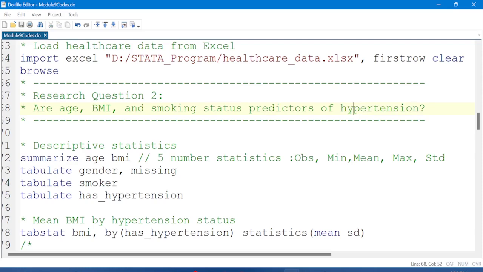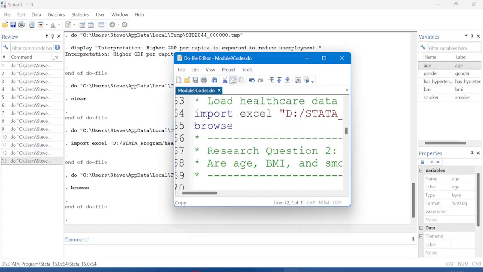Now we can do some descriptive statistics, like summarizing age and BMI, which means you just need a 5 number summary. You can also generate a frequency table for gender, smoking status, and whether someone has hypertension or not. So I just run this all together and we check it at once.